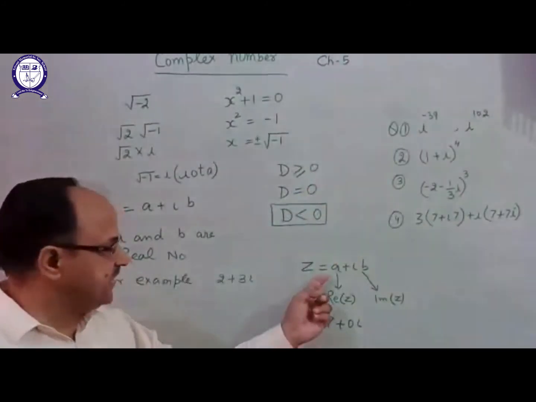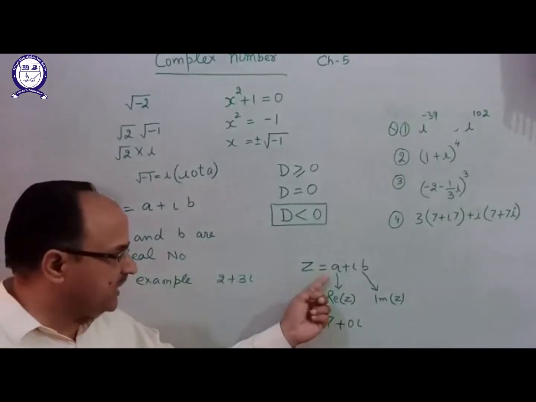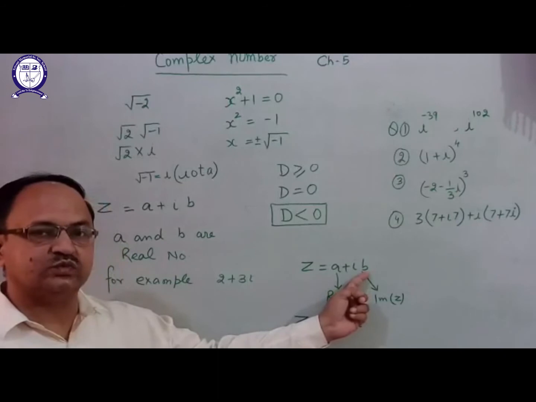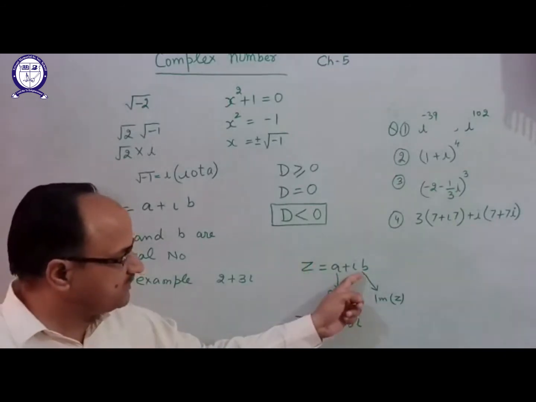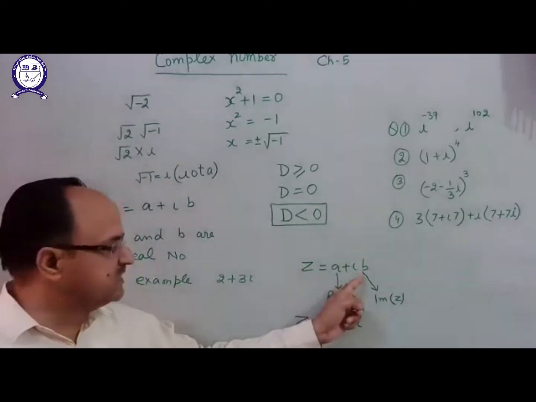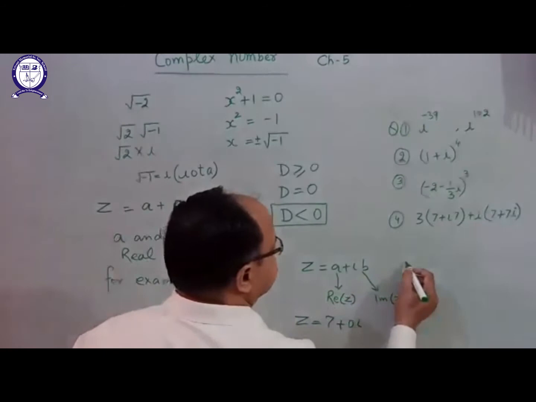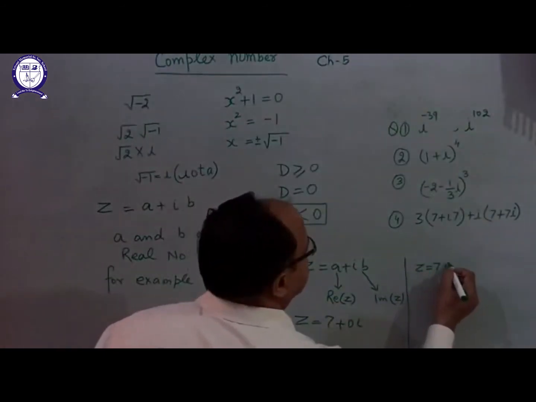It means you can say z is purely real if the imaginary part is 0, or z is purely imaginary if the real part is equal to 0. For example, z is equal to 7 iota.